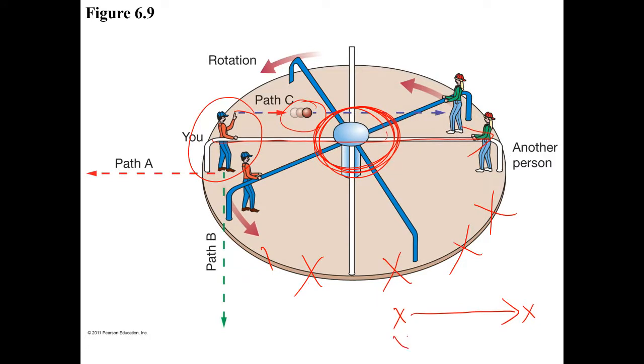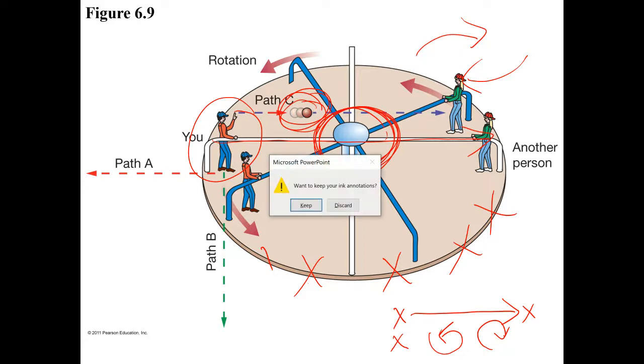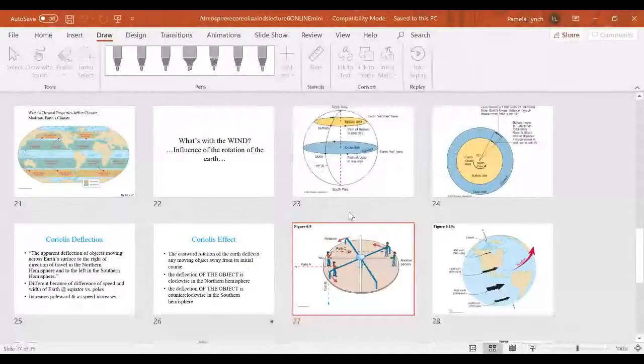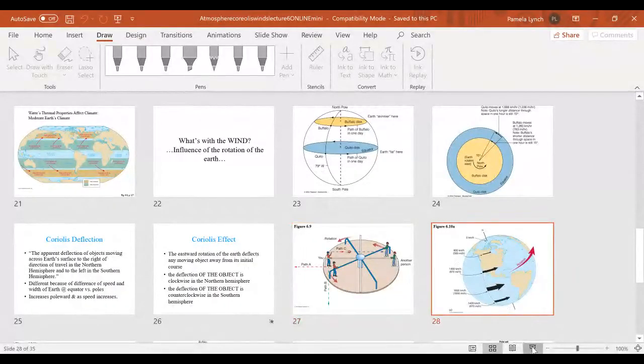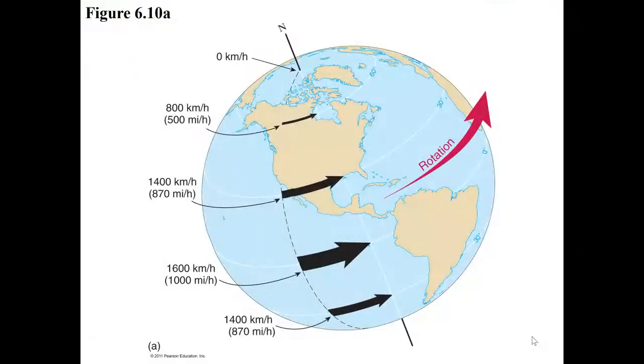But what if you're in that same location, but you're on something that's moving, whether it be to the right or to the left, to the clockwise or counterclockwise path? That path of the object is actually going to veer in direction to the right in the northern hemisphere and to the left in the southern hemisphere. That is the Coriolis effect.